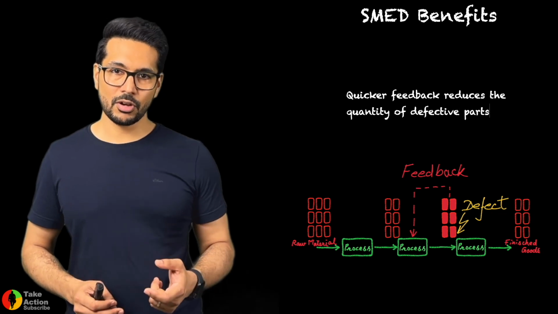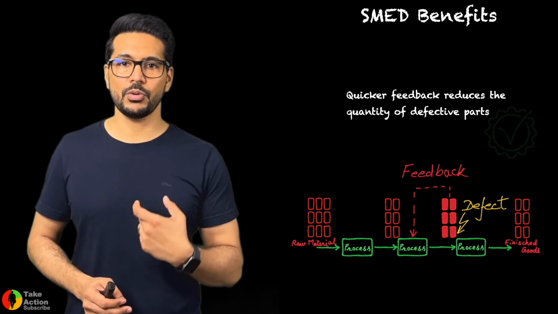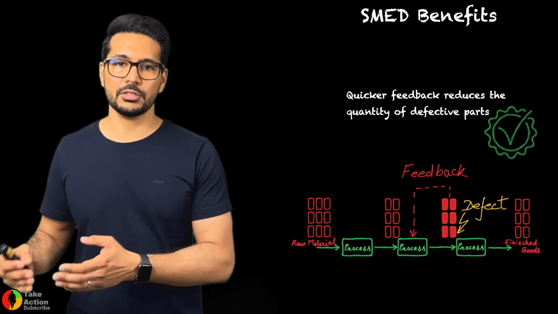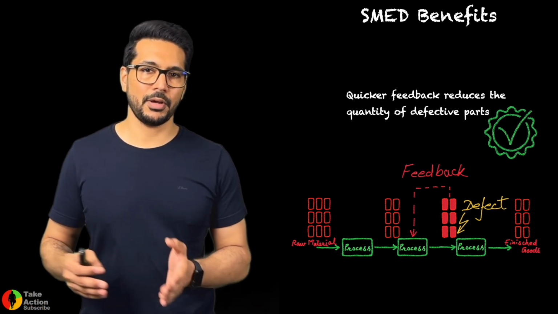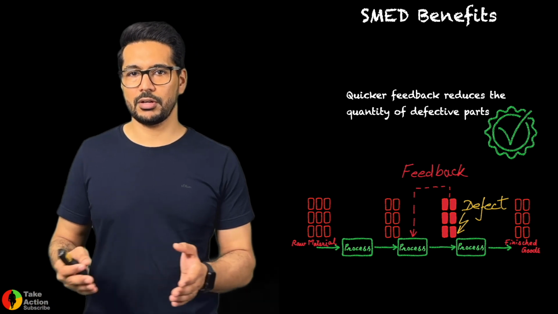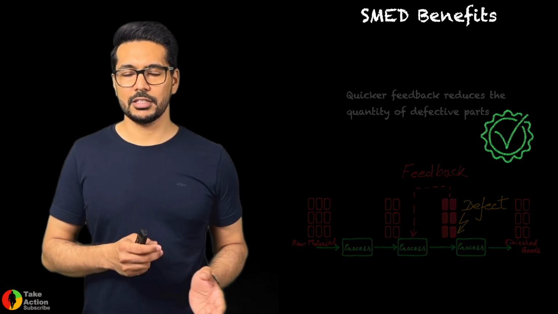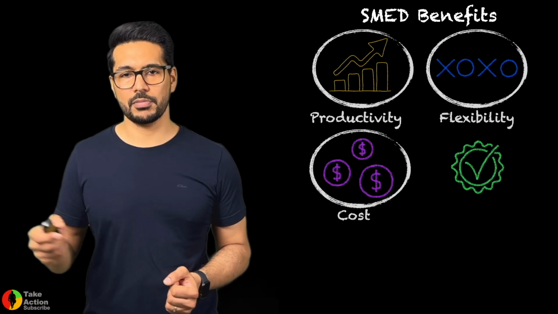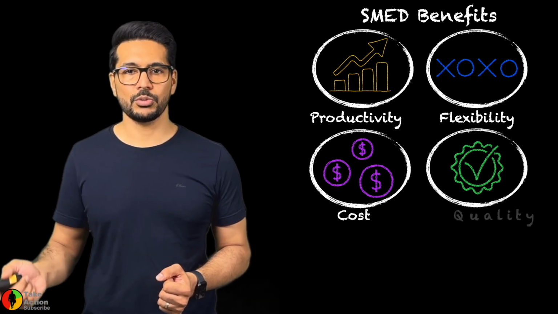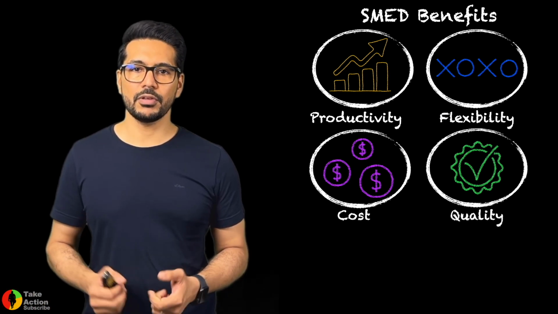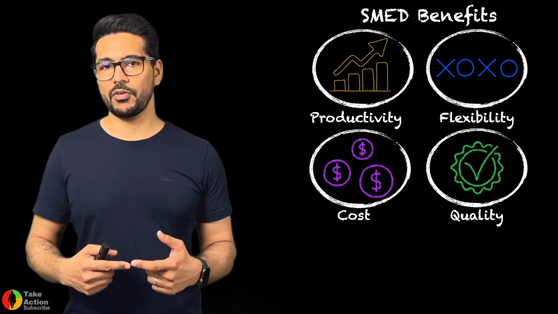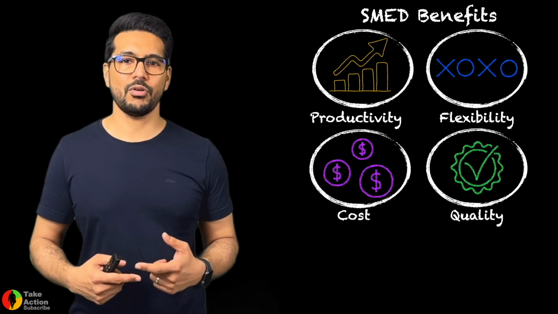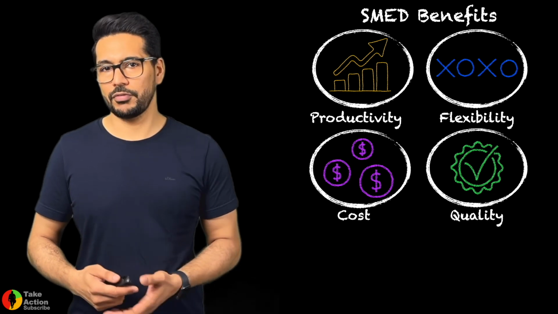So the smaller the lot size we have, the quicker the feedback from the customer process to the previous process on whether my parts are good or have a defect. This feedback loop from customer process to supplier process will be 50% quicker. Therefore, the number of parts affected by quality defects will also be 50% less.